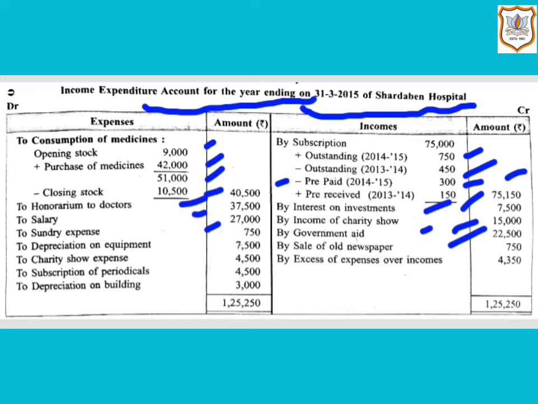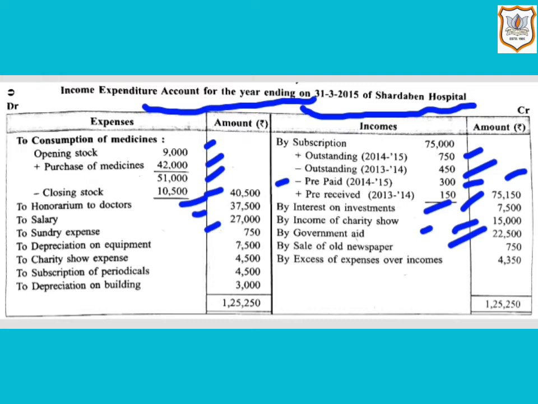Here opening stock of equipment is given, that is 52,500. And during the year this hospital has purchased more equipment, that is of 33,000. So 52,500 plus 33,000 comes to 85,500. And in closing stock we are given the value of equipment, that is 78,000.